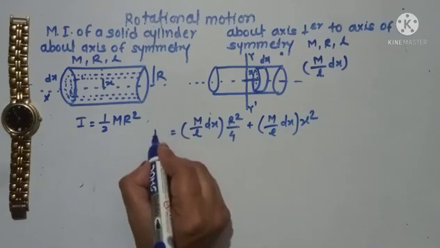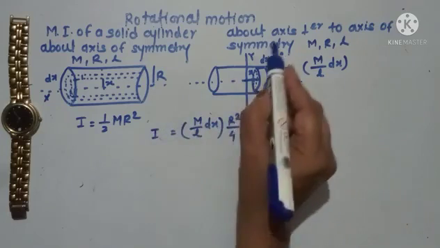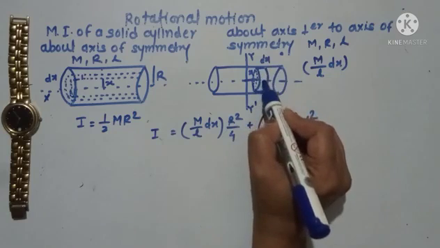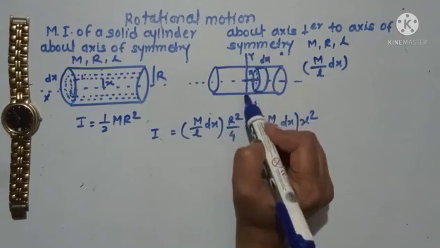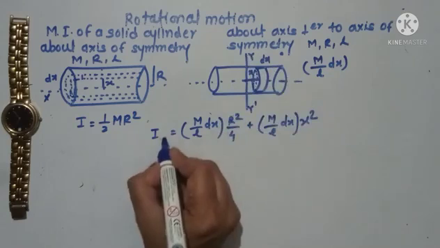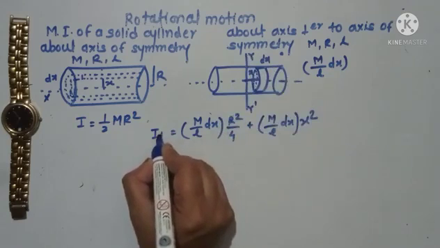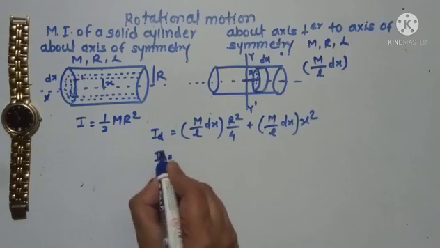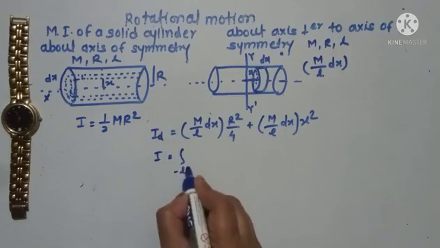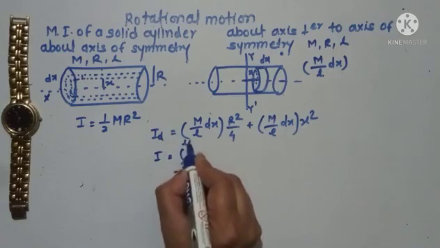So this is nothing but the moment of inertia of this small disk about the axis perpendicular to the axis of symmetry. So let us call this I d. This I is nothing but integration from minus l by 2 to plus l by 2.